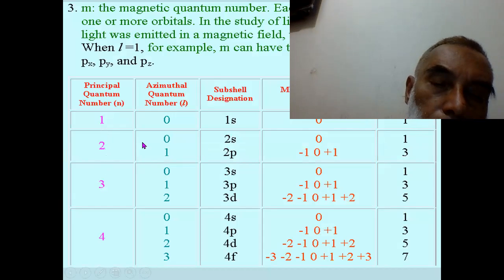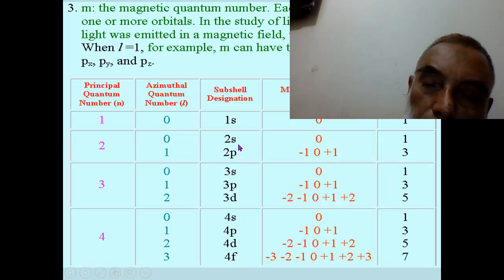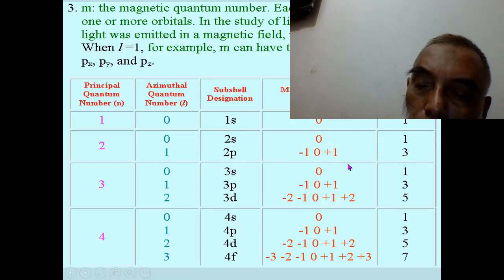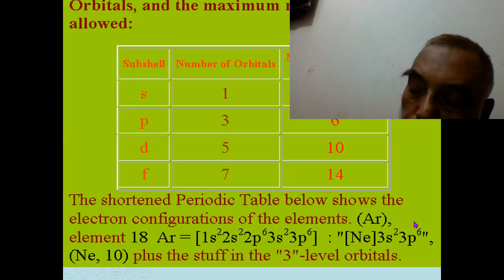Principal quantum number, azimuthal quantum number, and the subshell orbitals which are associated with these subsidiary quantum numbers, and the magnetic quantum numbers for these subshells, and total number of electrons are shown here.